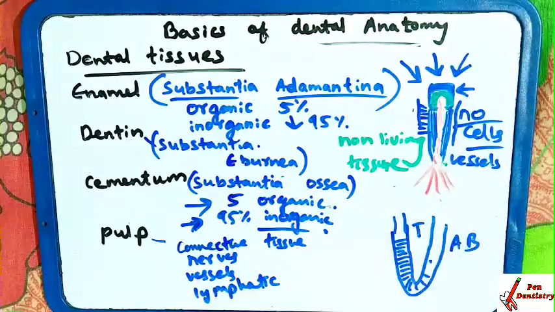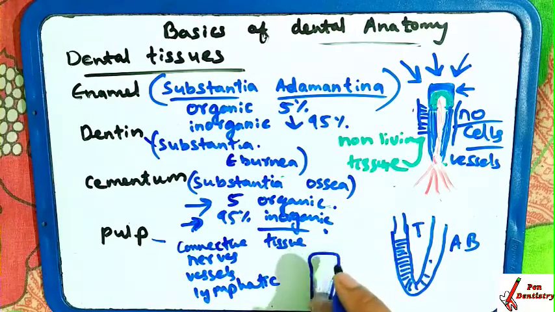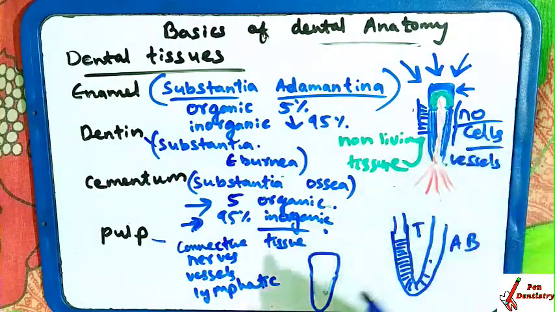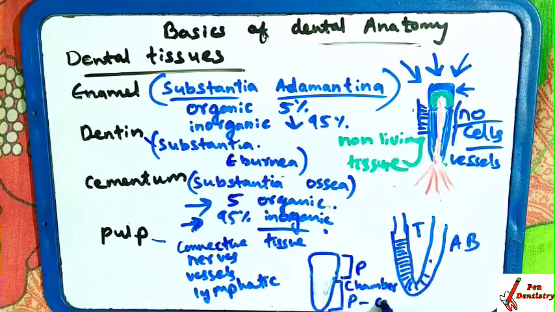The pulp cavity is differentiated into two portions. The upper part is known as the pulp chamber, and the lower part is known as the pulp canal.